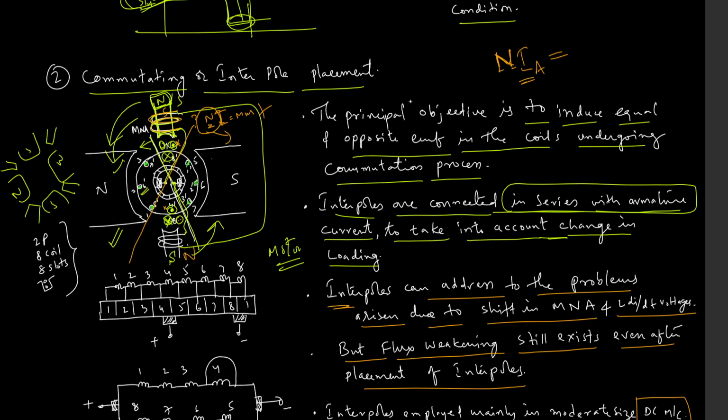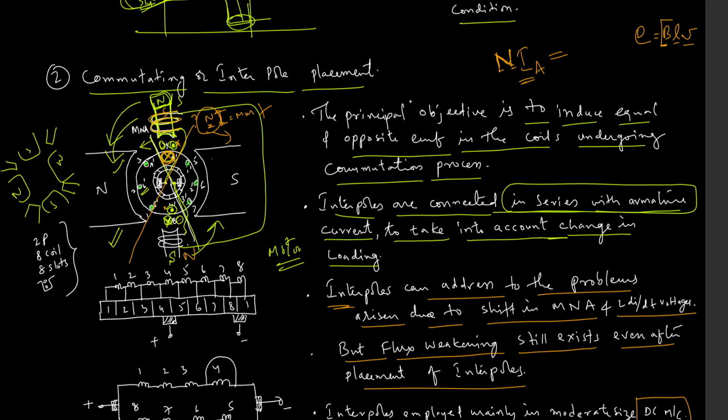Now we have to first estimate what is the voltage actually induced in this coil, the coil which is undergoing the commutation, and for generating that EMF, what should be the flux density. This L is fixed, V is fixed.